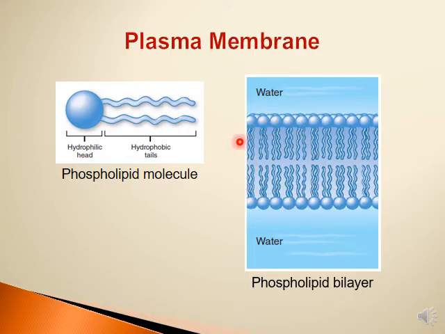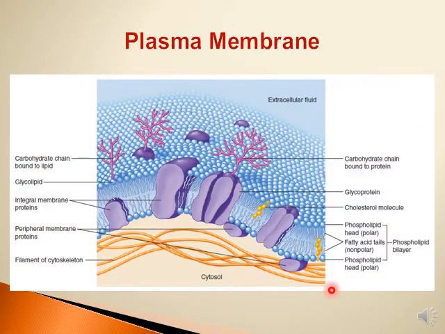This is the resting arrangement for the phospholipid molecules, where the hydrophilic heads face water on both sides and the hydrophobic tails will face each other. And since we have two layers, we call it the phospholipid bilayer. Bi means two.